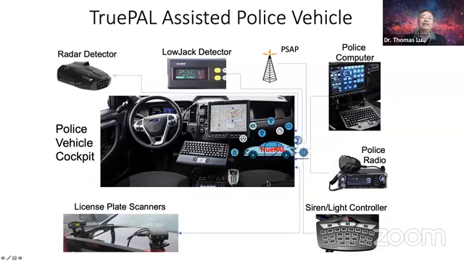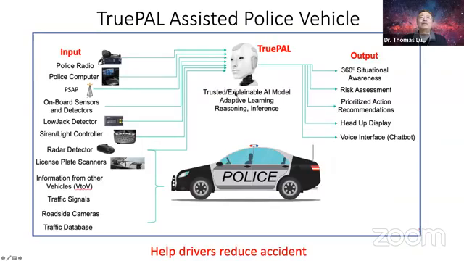So the idea here is to develop a true assistant that can assist the police to focus on driving. So this is the system we come up with. We have this true system that can take all that information and then perform adaptive learning, reasoning, and inference, and then give you 360-degree situational awareness and risk assessment, and then prioritize the action recommendations.